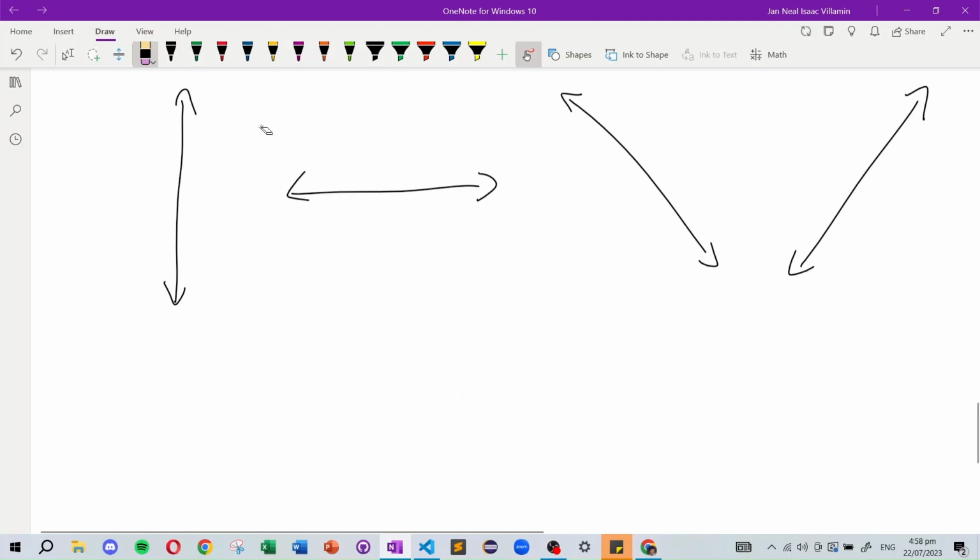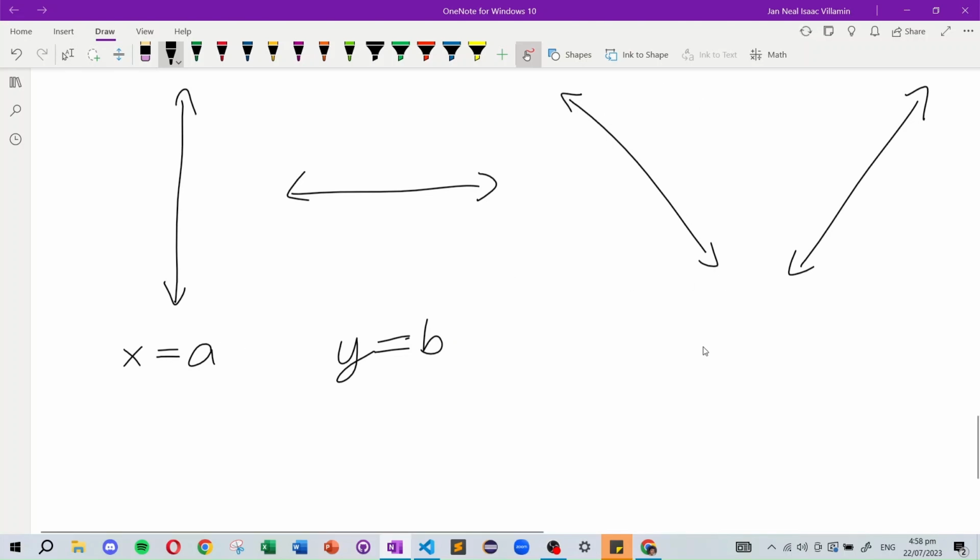And we have to determine what are those lines that each point belongs to. The vertical line has an equation of x equals a, or something. This line right here has an equation of y equals b, where b is a constant, a is a constant.